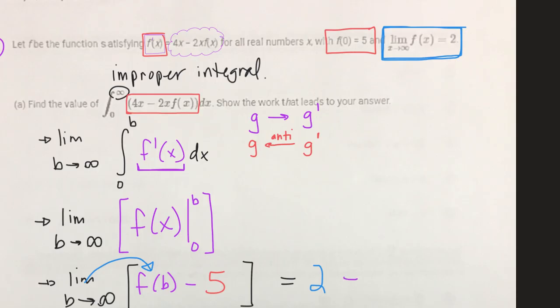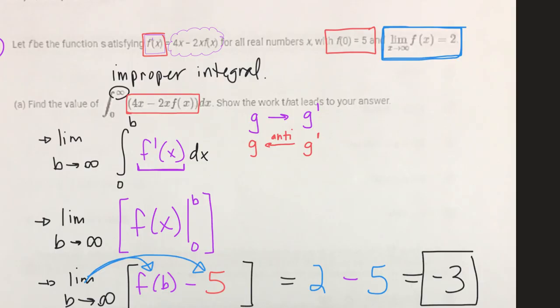Minus, what is the limit of a constant? The constant, right? This is a horizontal line. So, of course, the limit of a constant is the constant. It does not change. It is not variable. Variable means change. Constant means the same always. So the answer is 2 minus 5, which is negative 3.